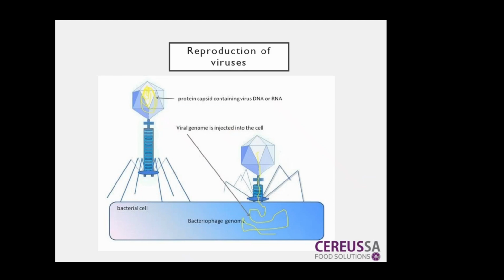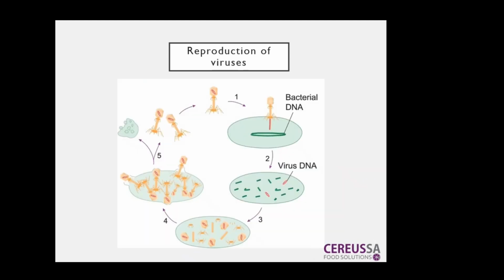So in terms of reproduction, you can see that a virus will attach itself to the surface of a bacteria cell and then inject its DNA into the bacteria cell. The bacteria DNA gets destroyed and the virus DNA takes over the control of the cell.